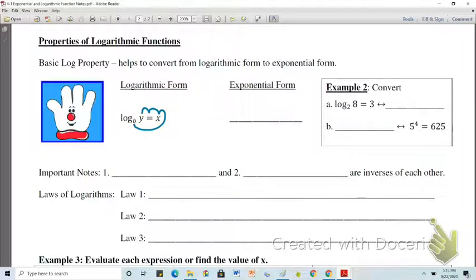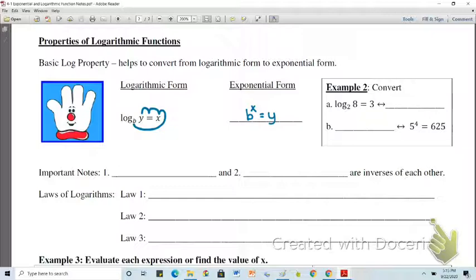Notice every time I go down, that's the next thing I'm going to write. So this becomes B raised to the x equals y. So I started here with B, and then I went to the x equals y. That's how we are going to convert.